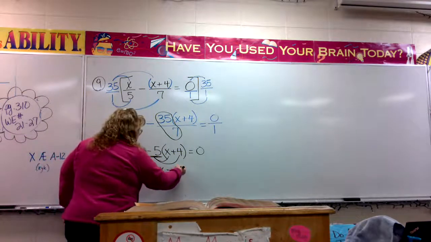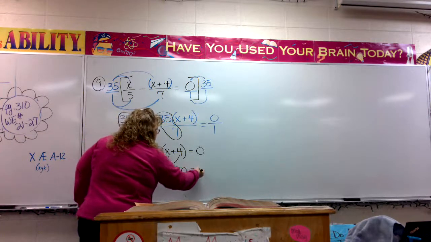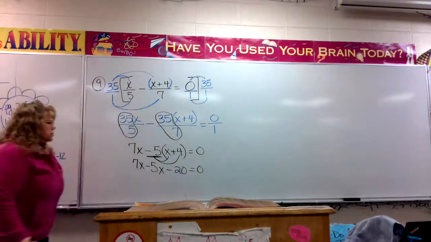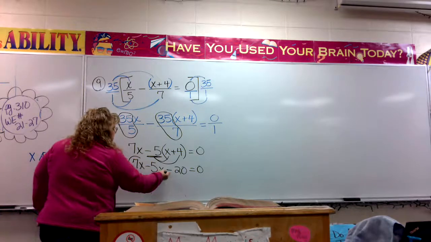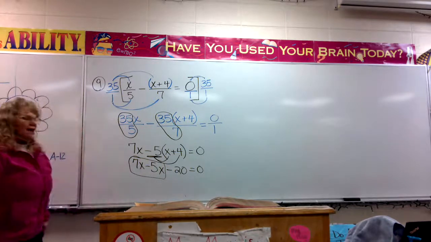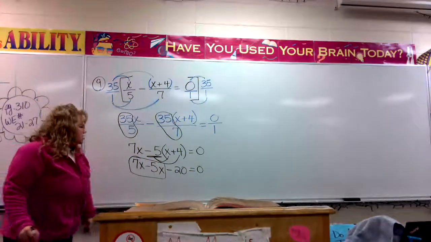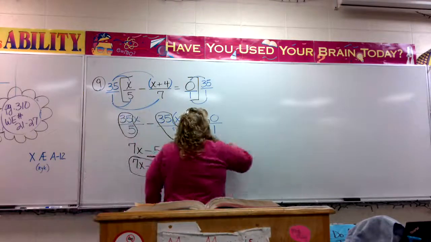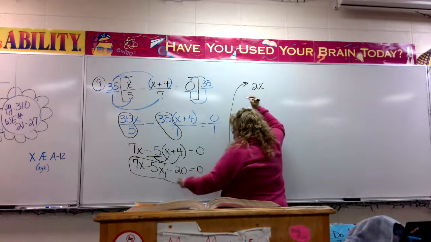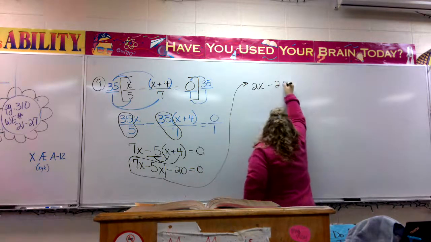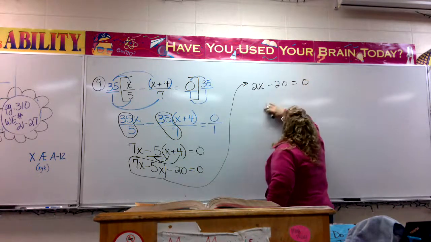Negative 20 equals 0. Now what are we going to do? I think I see some like terms right here on the same side. We could combine those. What's 7x take away 5x? 2x. 2x minus 20 equals 0.